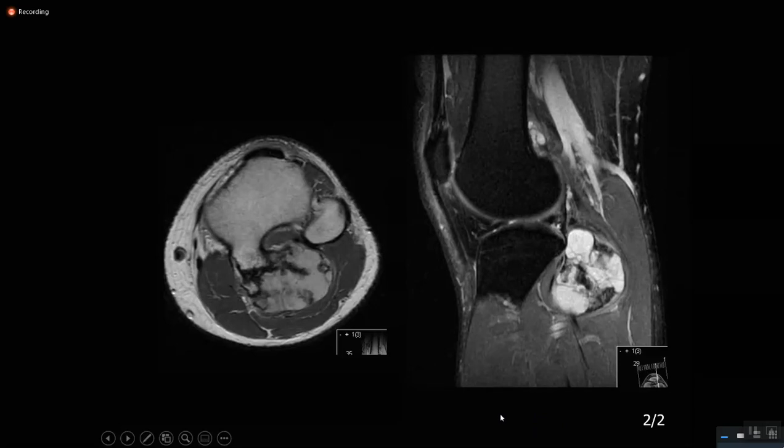It has a very large cartilage cap associated with it. I can't measure it, but just looking at it, it does look larger than 1.5 to 2 centimeters. So I would be concerned about malignant transformation to chondrosarcoma in this patient, and would recommend referral to a specialist orthopedic unit.